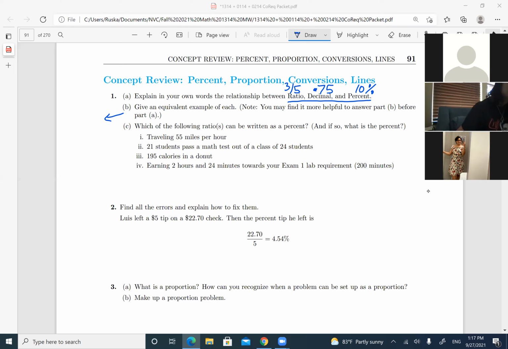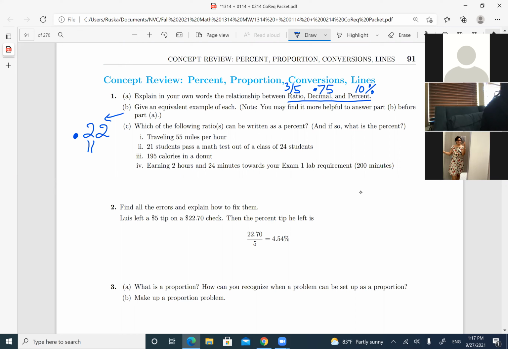So let's say the number you have is 0.22. So 0.22, can you change it to fraction? Yes. What is the fraction form?